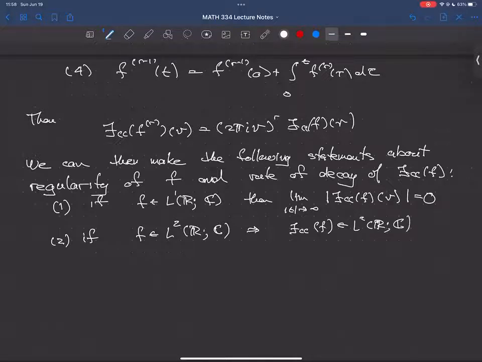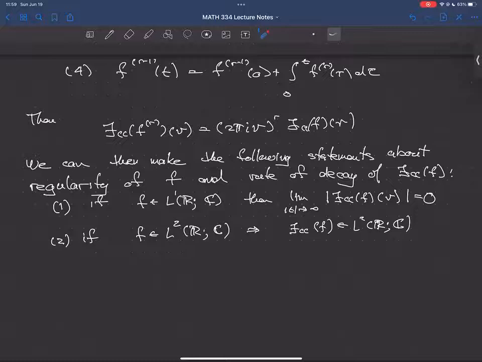Now you have to be a little careful about interpreting this as a rate of decay. For discrete signals, being in little L2 has definite interpretations in terms of rate of decay. 1 over n goes to 0 as n goes to infinity in such a way that the sequence is in little L2, but 1 over root n does not.